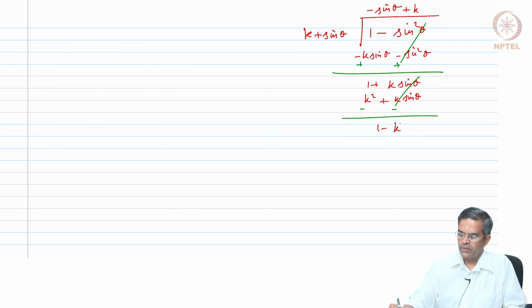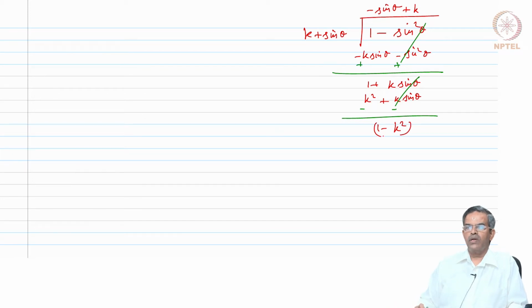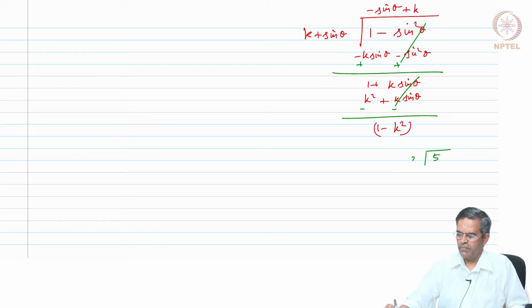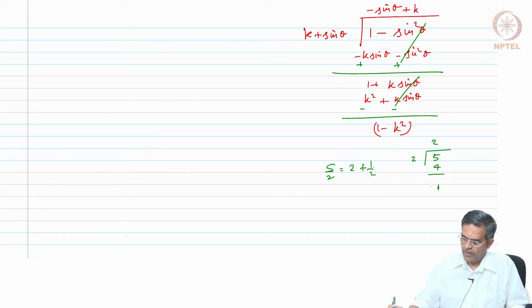So I got 1 minus k square. What I am trying to do here, in simple terms friends, is if I have 5 divided by 2, this is 4 and 1, then I can write 5 divided by 2 as 2 plus 1 by 2. Okay. This 1 is the remainder.